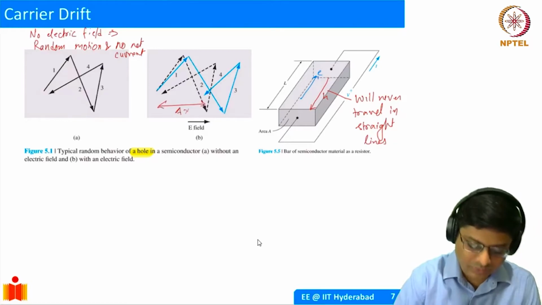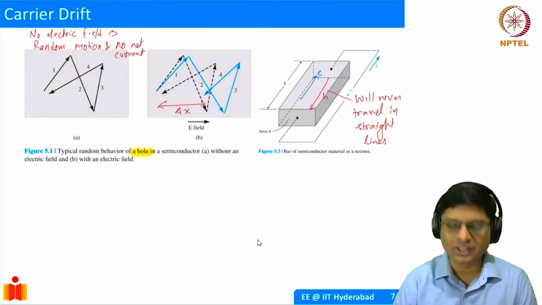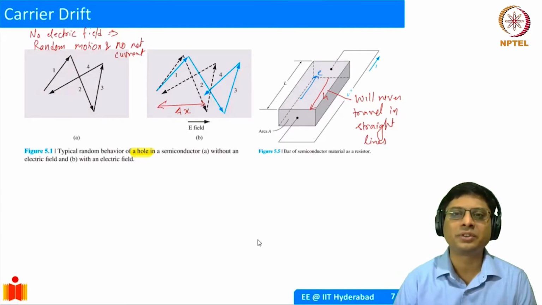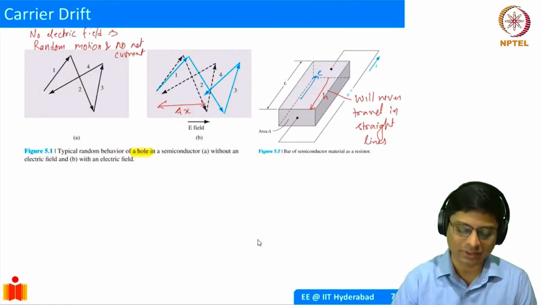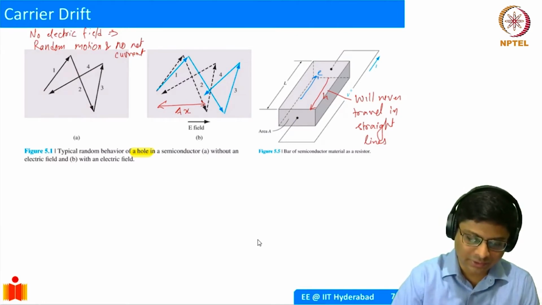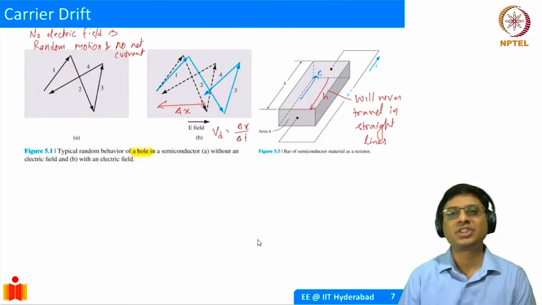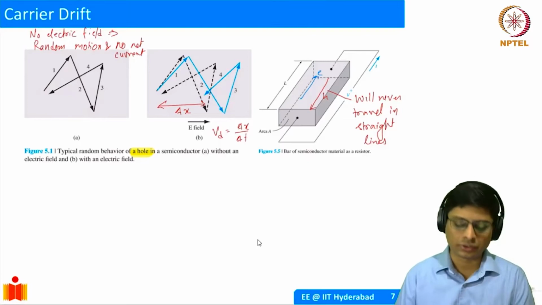If you have a field, in a certain time there's going to be a change delta x. So essentially we have a velocity being created. This is called the drift velocity, which we will refer to as Vd, and it is delta x by delta t. If you give a certain duration, how much is the change in position? That's the drift velocity.